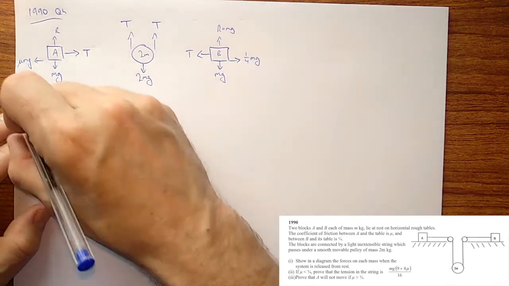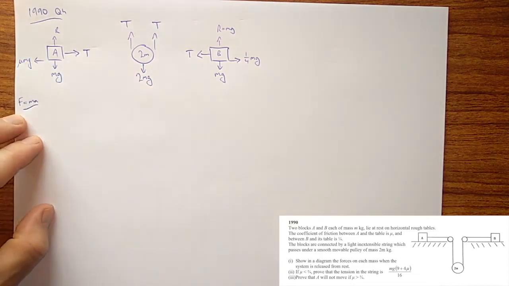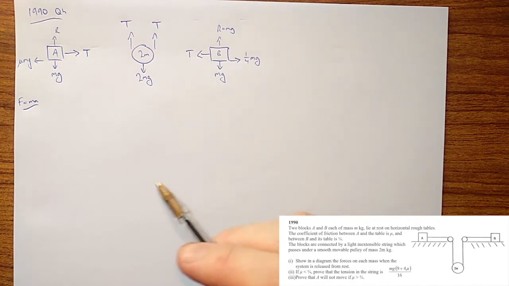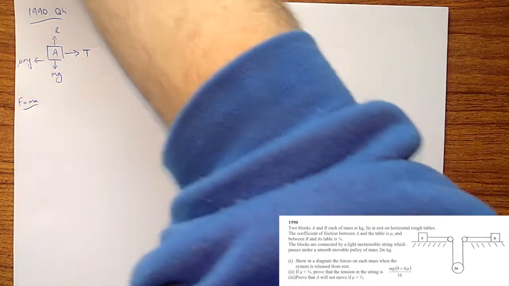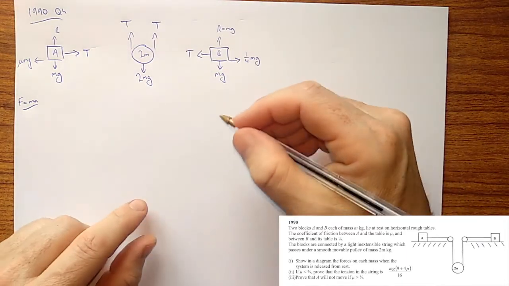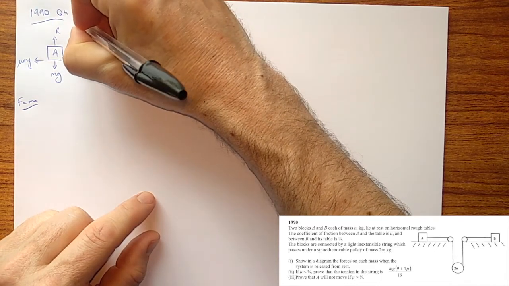Part 1 sorted. Now our next step in this one is to go to our F equals ma equations. It's the same place we go in pretty much all of these questions. So let's begin to lay this out. And before we do that, we need to figure out which way it's going to move. So for the moment, I'm going to assume that A is going this way with acceleration a.